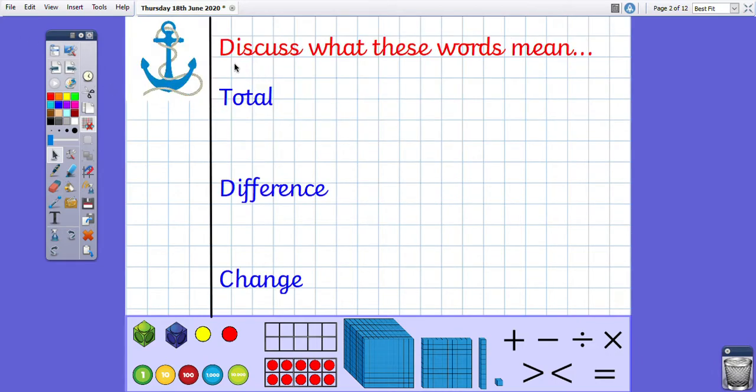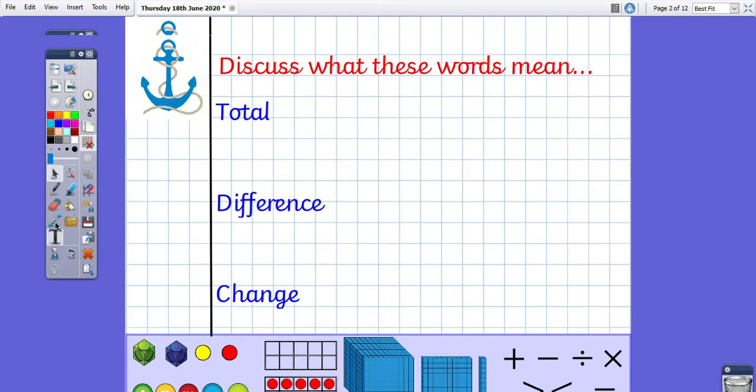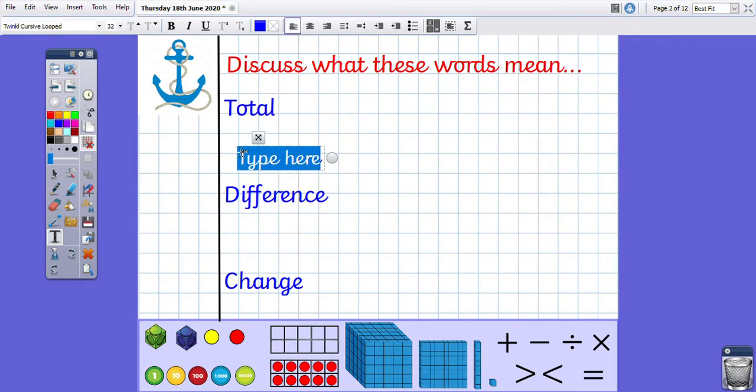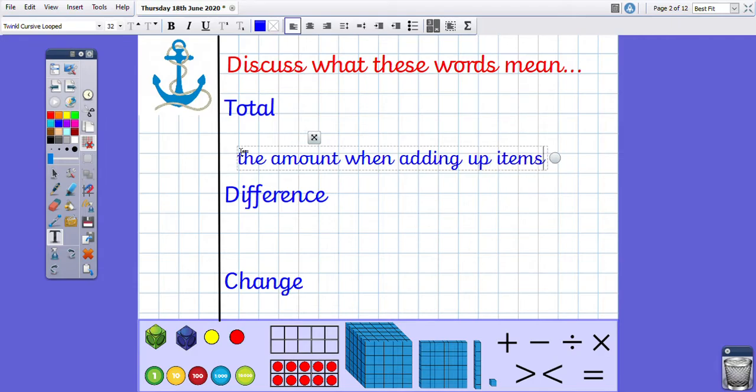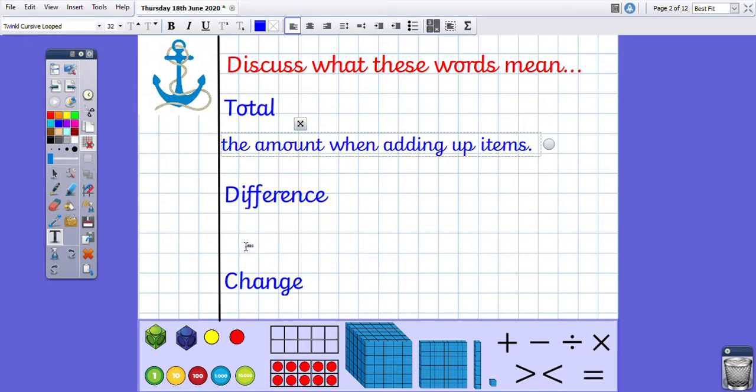Okay, so I want you to discuss what these words mean and see if you can remember from the week what they mean, okay? So the total is the amount when adding up items. So it's the amount all together, isn't it?